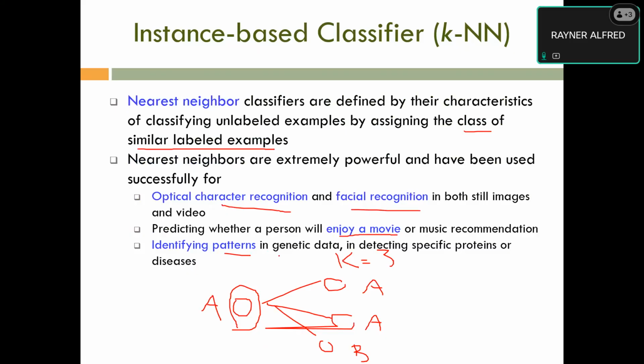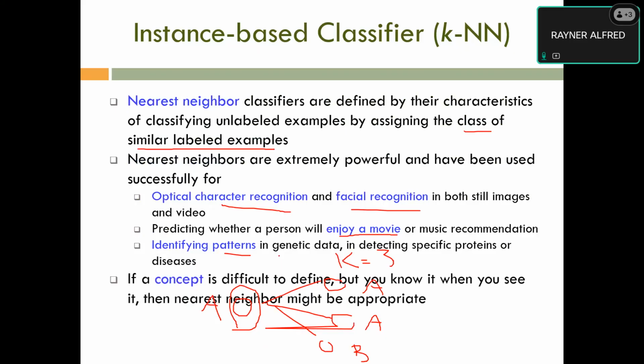So it is a very powerful method that can be used in any task that requires classification. Okay, so if a concept is difficult to define, but you know it when you see it, then nearest neighbor might be appropriate.